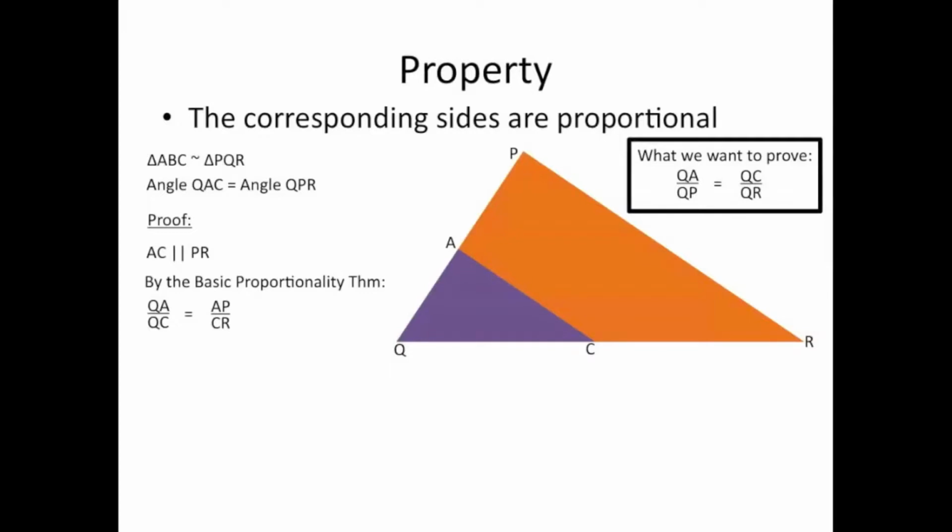If you look closely, the length of AP can be represented as the length of QP minus the length of QA. In the same way, the length of CR can be represented as the length of QR minus the length of QC. So let's replace our fractions with those.